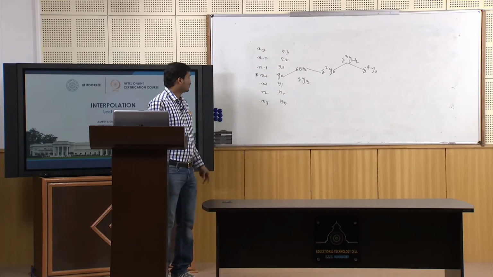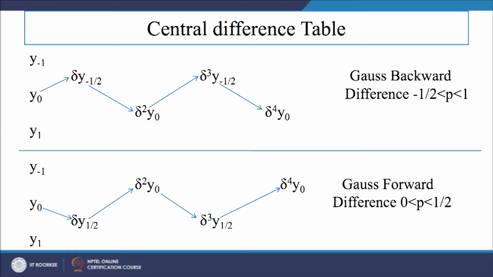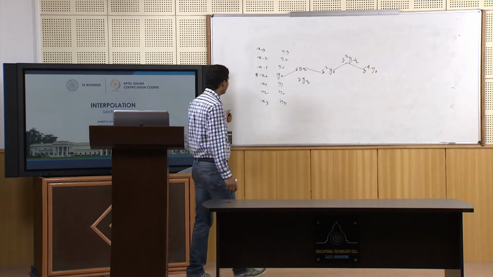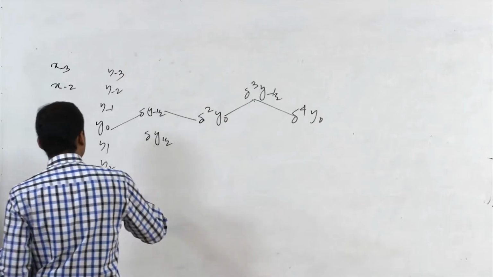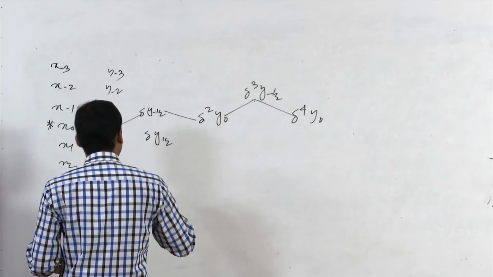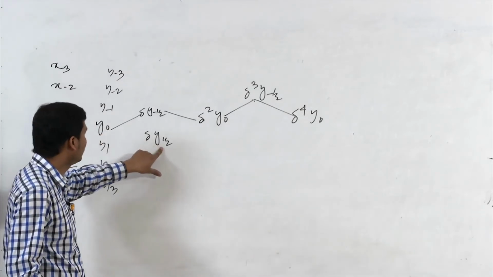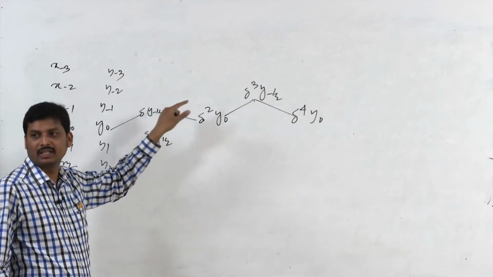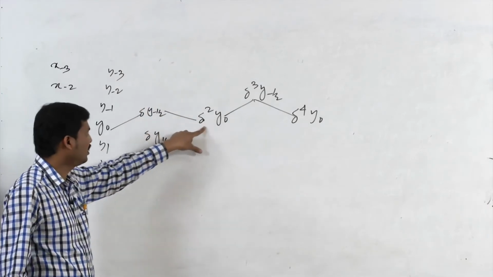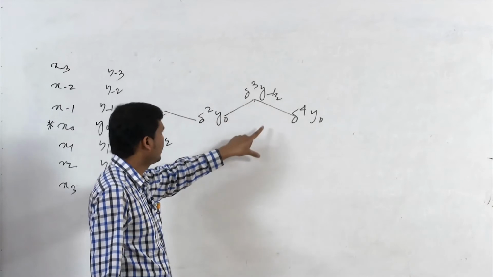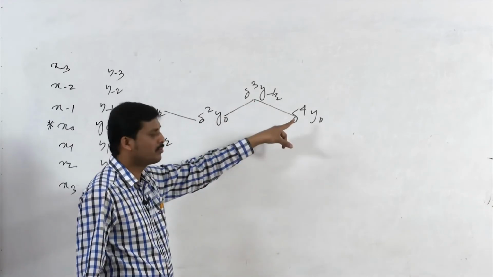And if we go forward one step, then that is the Gauss forward difference formula. For the forward difference formula, it can be represented with the first function y0, then delta y of half, then del square of y0, then del cube of y of half, then del to the power 4 of y0.